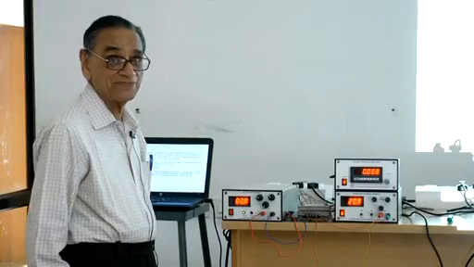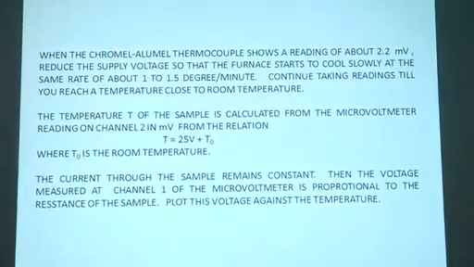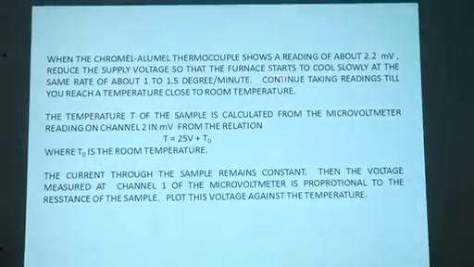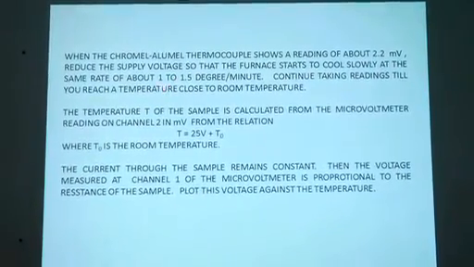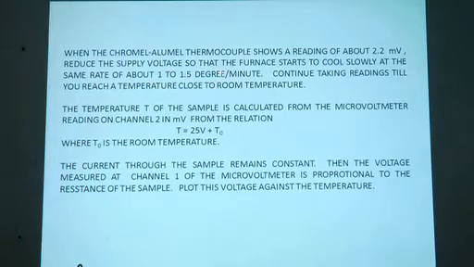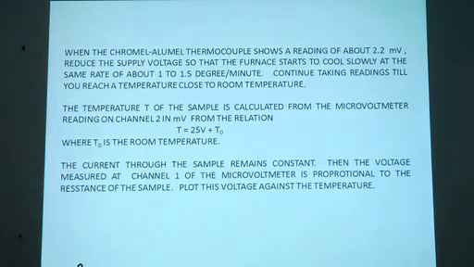At that point, reduce the supply voltage so that the furnace starts to cool slowly at the same rate of about 1 to 1.5 degrees per minute. Continue taking the reading of channel 1 and channel 2 every 2 minutes till you reach a temperature close to room temperature. That is, the channel 1 reading will be about 0 millivolts.